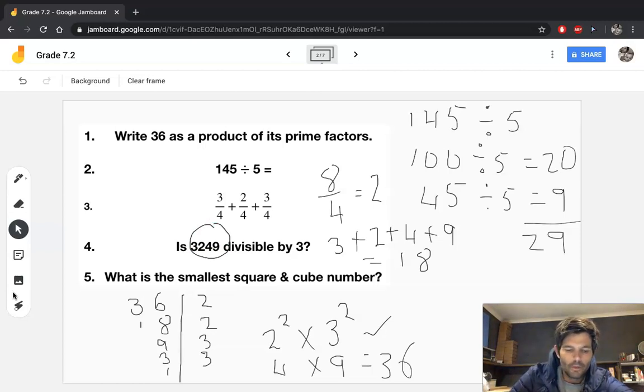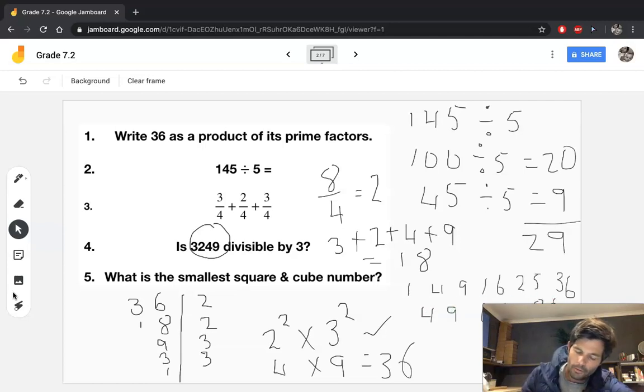Right, and then the last question, what is the smallest square and cube number? So if you list the square numbers, 1, 4, 9, 16, 25, 36, 49, 64, 81, and the first cube numbers are going to be 1, 8, 27, and 64.